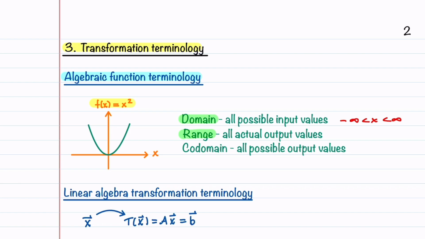The range of our function is all actual output values. The range is going to be values starting at 0 and going to infinity. The codomain, which you might not be familiar with but is really important in linear algebra, is the set of all possible output values for any function in the xy plane. And that's going to be between minus infinity and infinity.